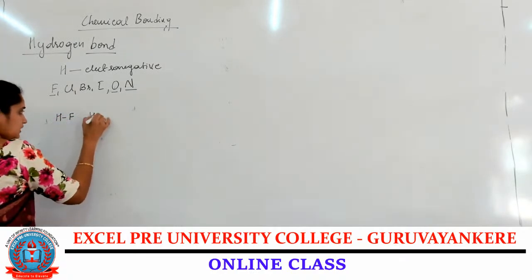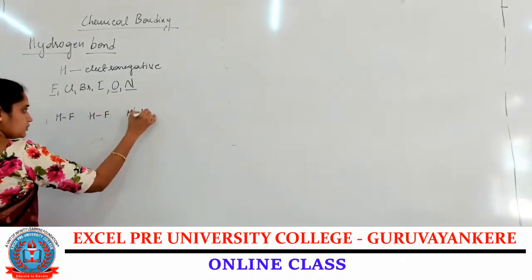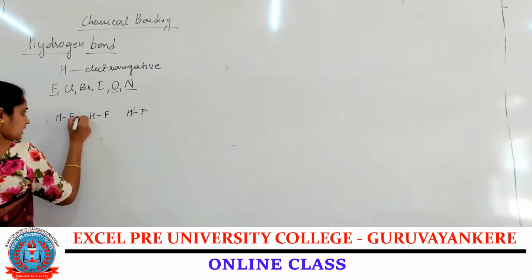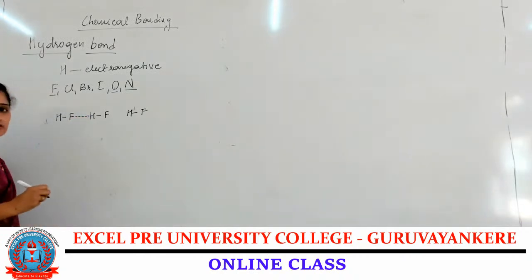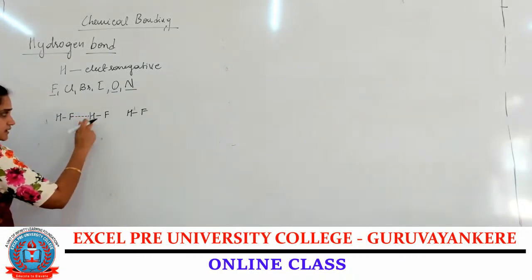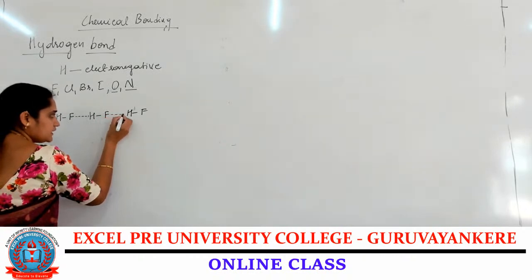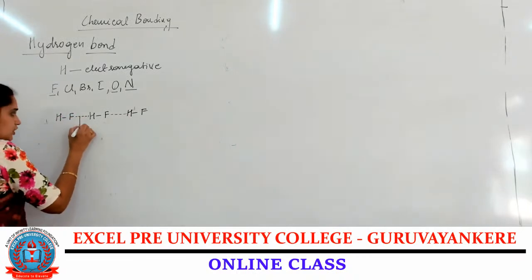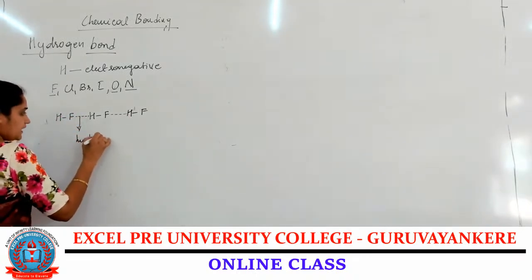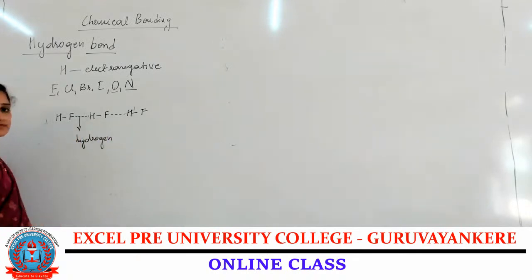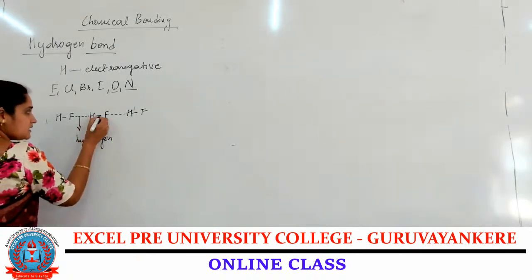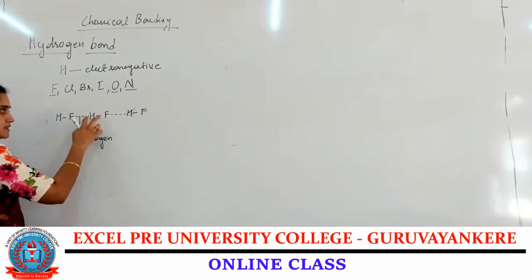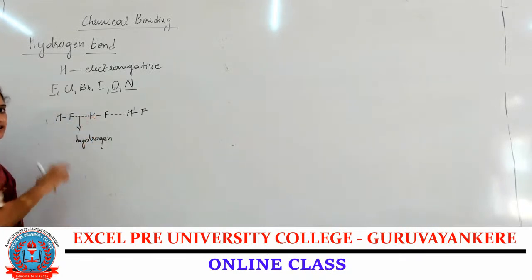HF is a molecule, another HF molecule, one more HF molecule. It is just a force of attraction between the electronegative element, fluorine, and the electropositive element, that is, the hydrogen atom. So this dotted line indicates the hydrogen bond formation. This single line is nothing but a covalent bond. Here two kinds of bonds are present: one is a covalent bond, another is a hydrogen bond.